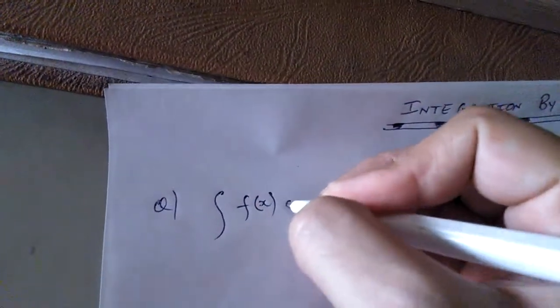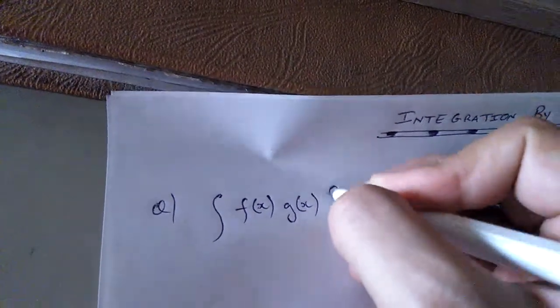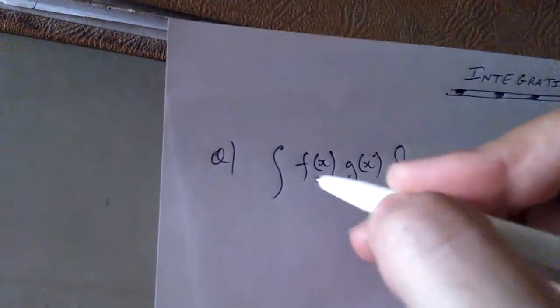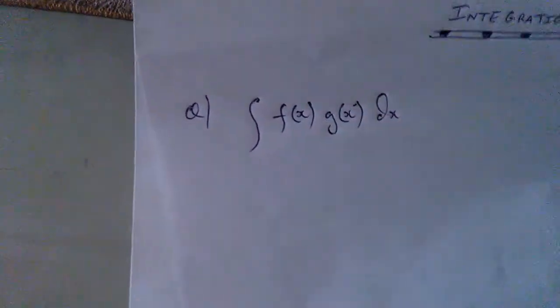Like if I say that I am having an integrand, the function expressed over here like this, the integrand is expressed here as the product of two functions.